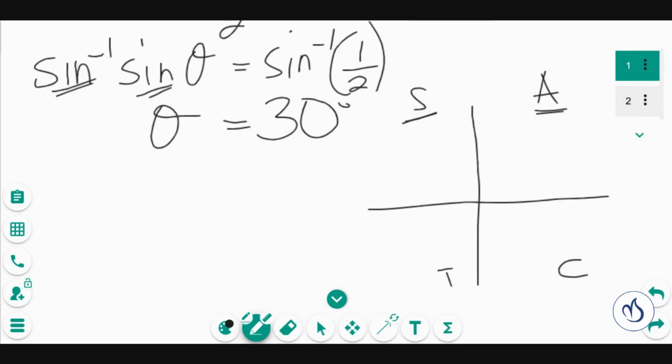Why? My sine theta was -1/2. It was negative. So I get here where tan is positive, and that means the sine is going to be negative. I measure 30 degrees from the x-axis. Always we measure from the x-axis. We never measure from the y-axis. In any quadrant, when you're measuring the angle, measure from the x-axis that is close to that quadrant.